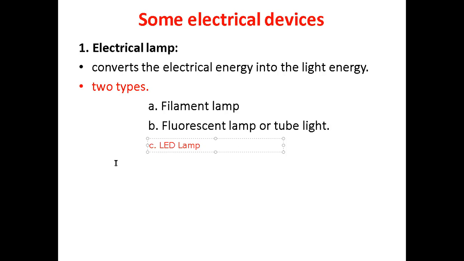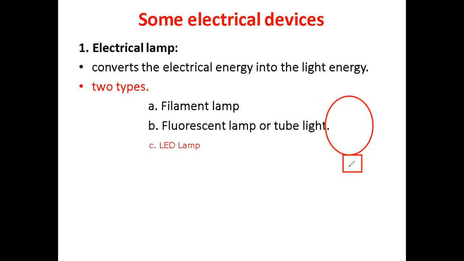After the LED lamp was developed, and before the LED lamp, there were other types of lamp, like the fluorescent lamp, the tube light. Filament lamp means there is a big bulb, and inside the bulb there is a coil.